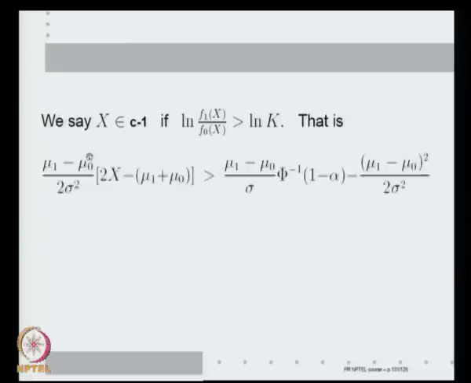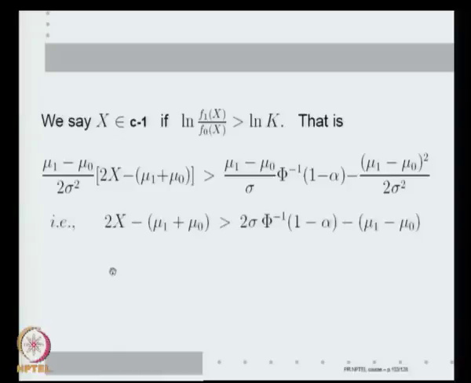So, I will put x in C1 if ln f1 by f0, that is this expression, is greater than ln k, that is this expression. Okay. Now, I can simplify this expression. 2x minus mu 1 plus mu 0 is multiplied by 2 sigma square and divided by mu 1 minus mu 0, I get this, right. 2 sigma phi inverse 1 minus alpha minus mu 1 minus mu 0.